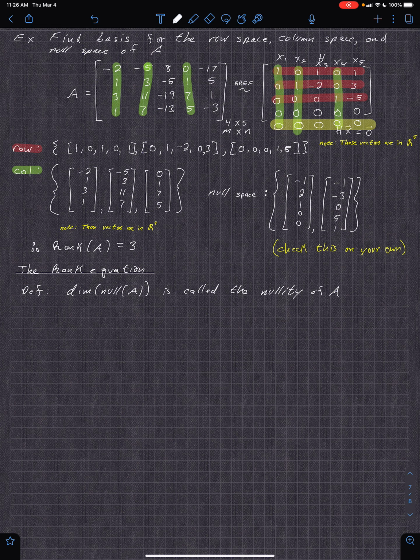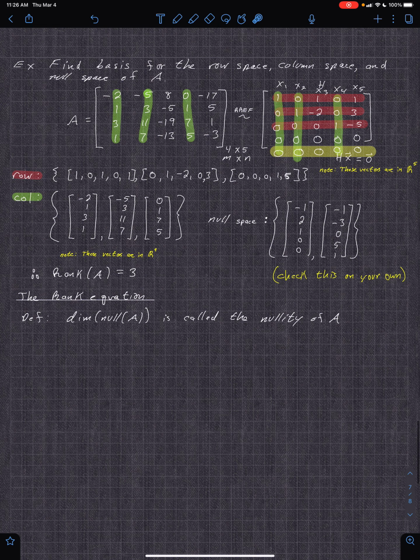What's the nullity of this matrix A? Well, you can see it'll be 2.